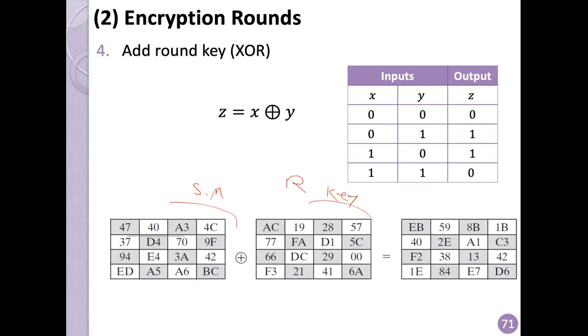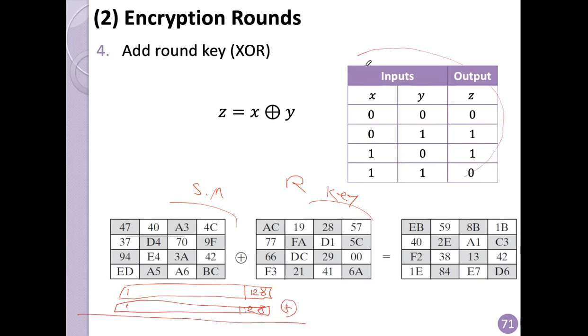If I want to show it in a different way, this is the state matrix from bit number 1 to bit number 128. We get the same thing for the round key, bit number 1 to bit number 128, and we XOR them bit by bit, based on the operation of XOR that I just explained to you. And we get something out of that, which is called the output of the add round key.